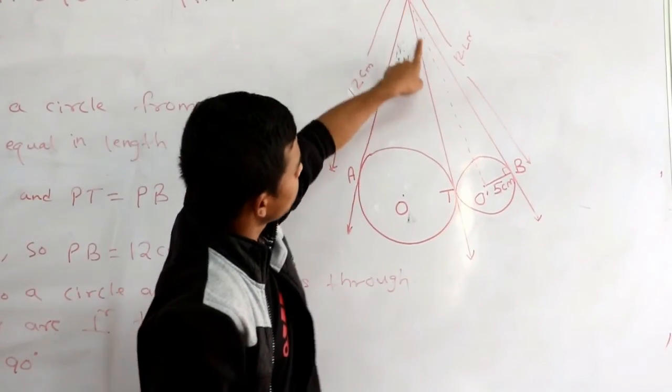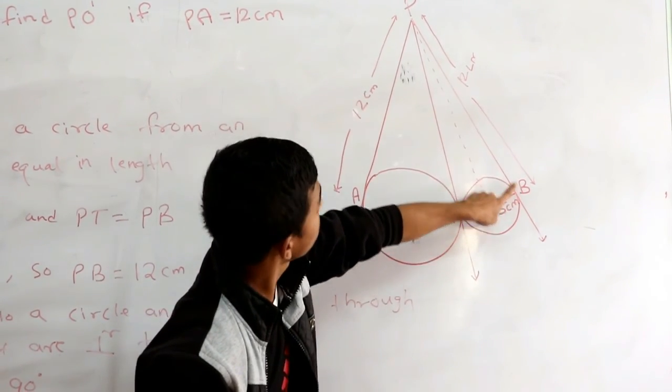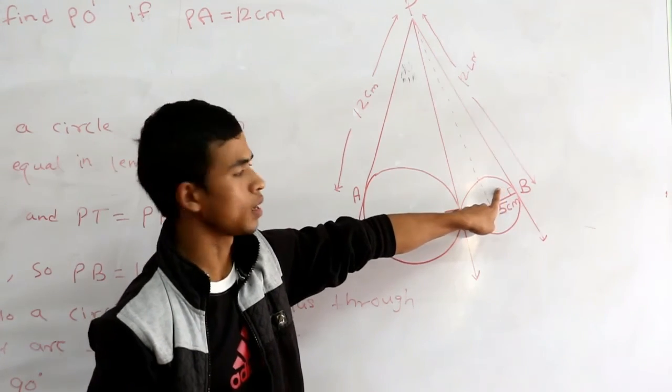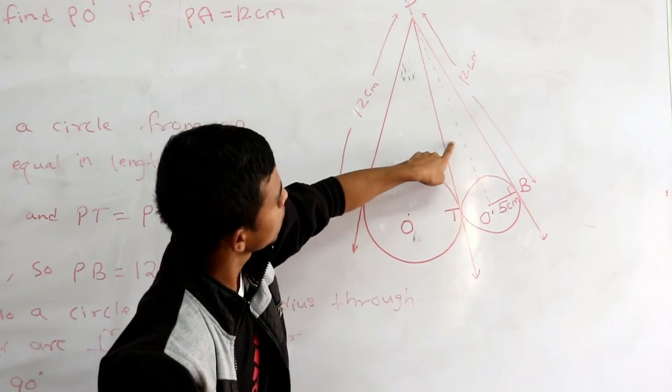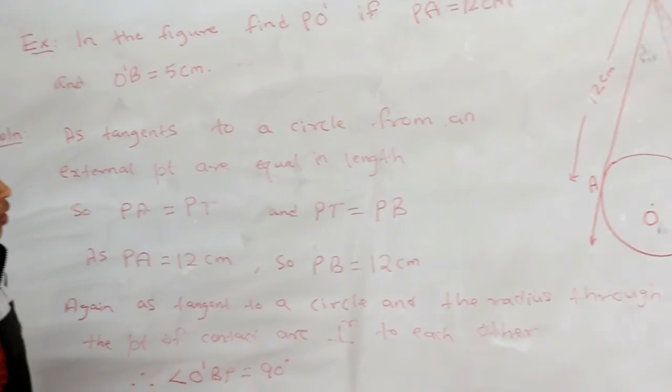So we have to find PO dash. From this triangle O dash BP, this is a right angle triangle at B, and O dash P will be the hypotenuse. So we can use Pythagoras theorem.